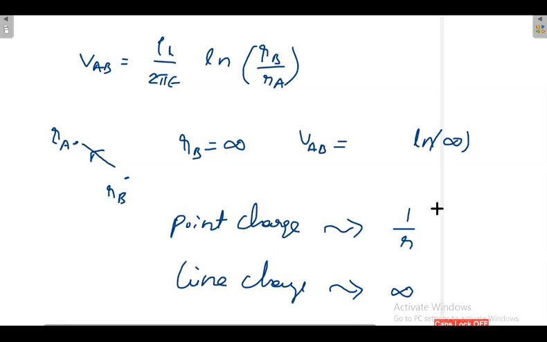Just think over it. Why in the case of a point charge is it simply 1 by r, but in the case of a line charge it comes out as infinite, or otherwise a very large value? Ln infinite, the logarithm of an infinite value, is still a large value. So what is the reason behind that? Just try to find out the answer.